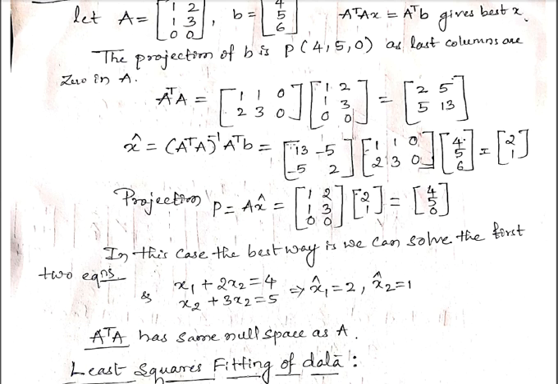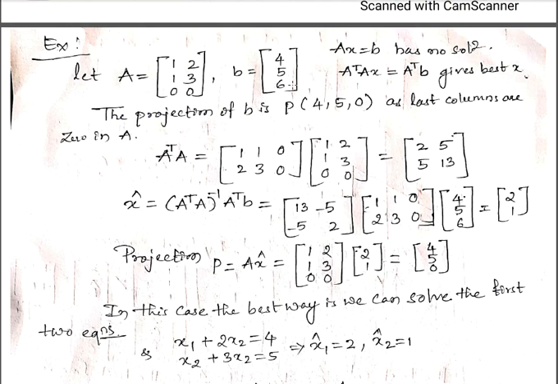So this is our inverse of A transpose A, then A transpose is the same, and B is 4, 5, 6. And when we solve this, we may solve in any of the ways. So after solving this one, we'll get 2, 1.